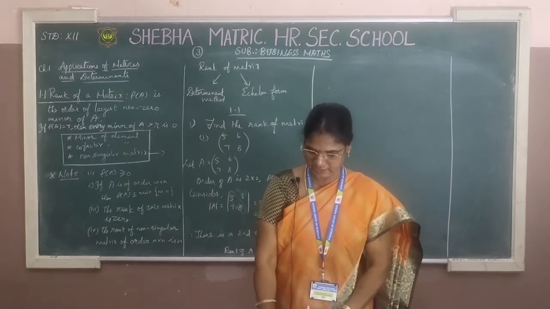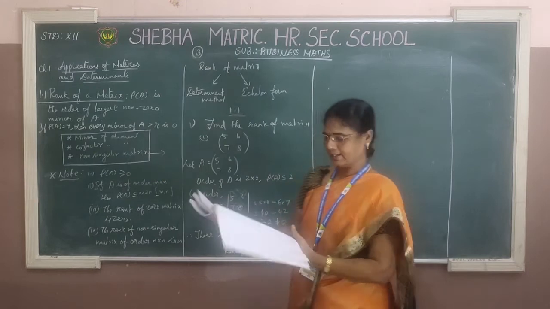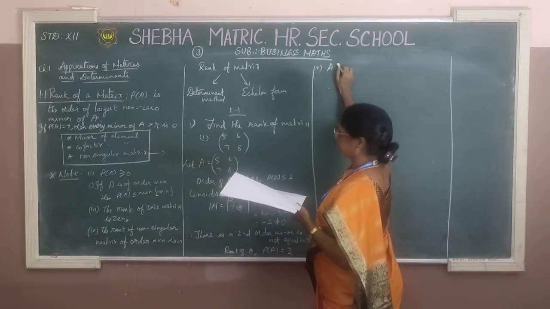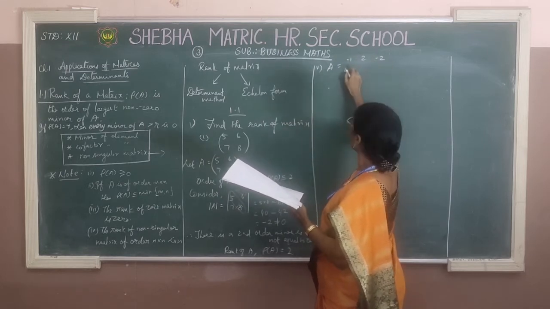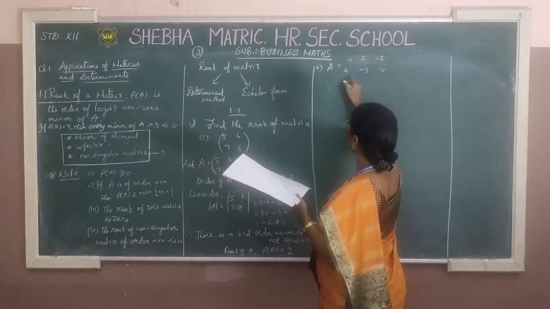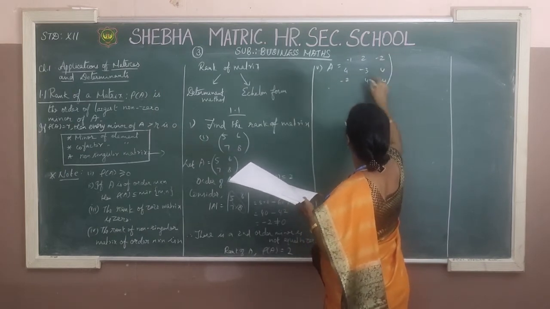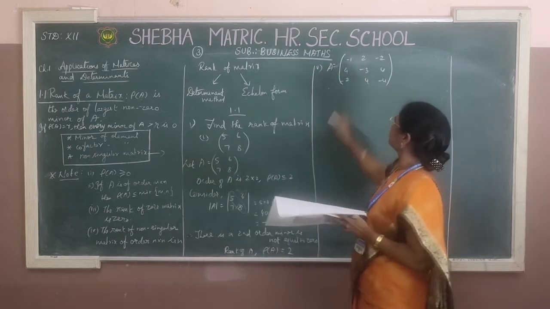So, in these 8 sums, I am going to do the 5th one. Listen. 5th one is, let A be equal to minus 1, 2, minus 2, and 4, minus 3, 4, and minus 2, 4, minus 4. Okay, this is our given matrix.